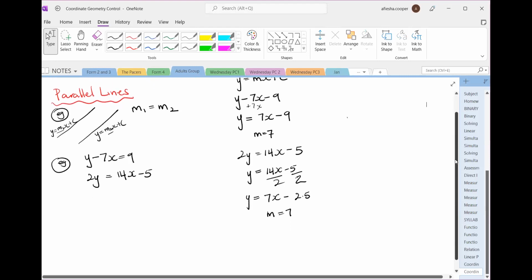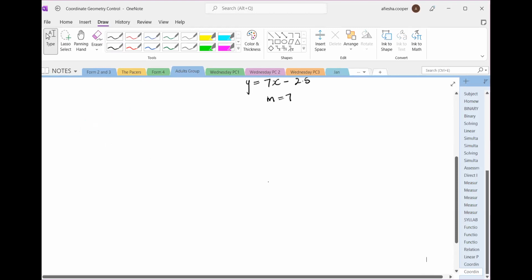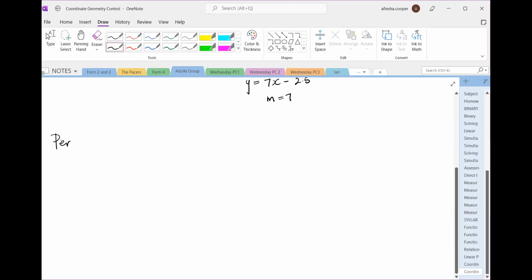So just to recap, parallel lines have the same gradients. Now for perpendicular lines, when you hear a line is perpendicular to another line, those lines are actually going to touch each other.